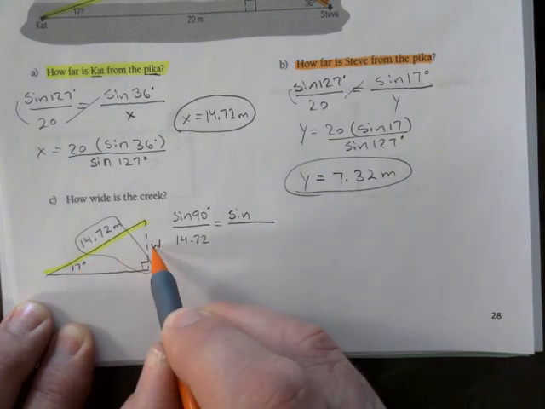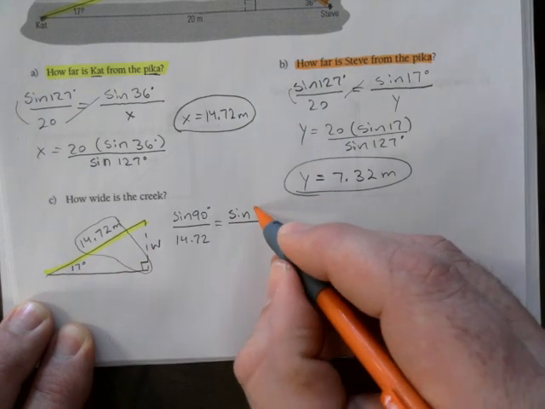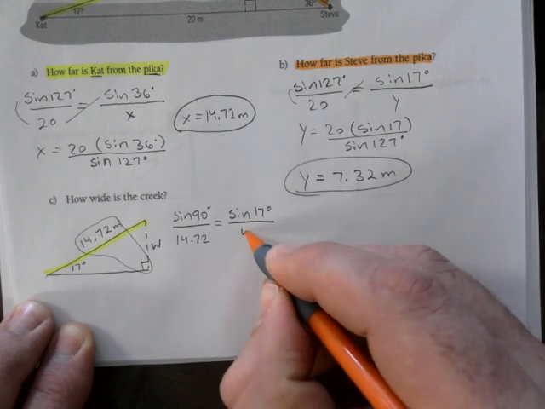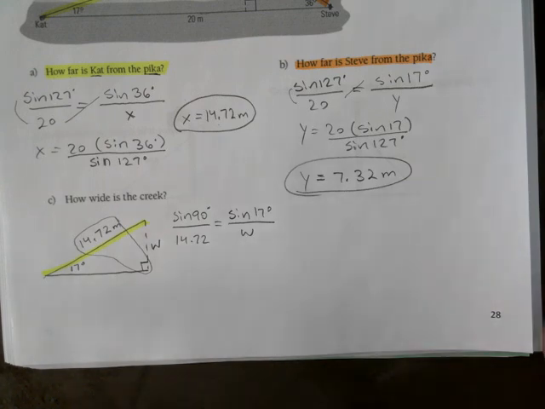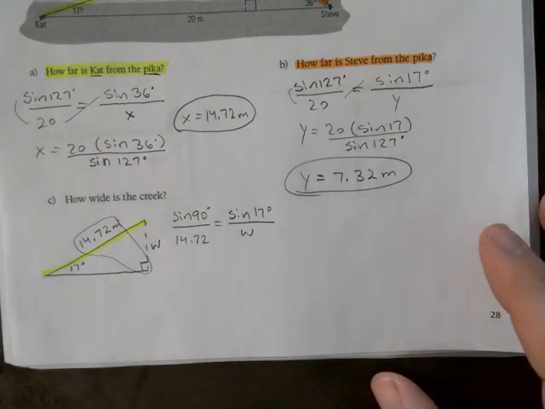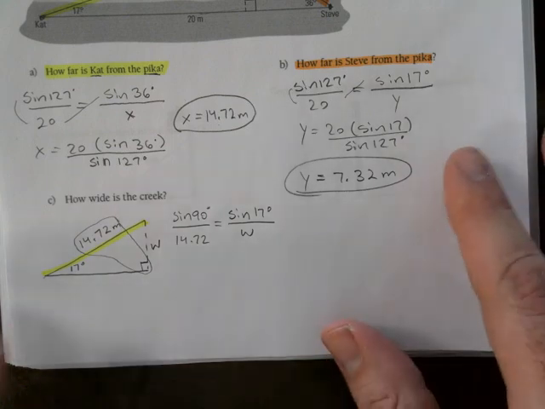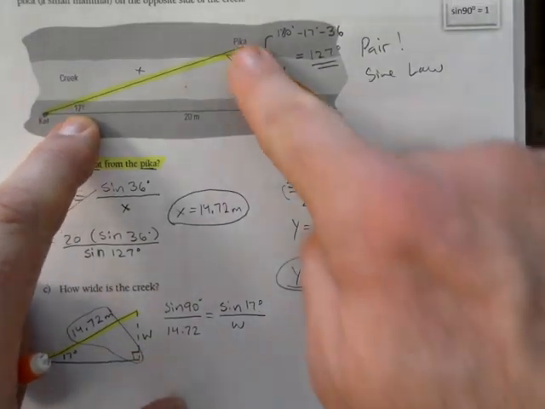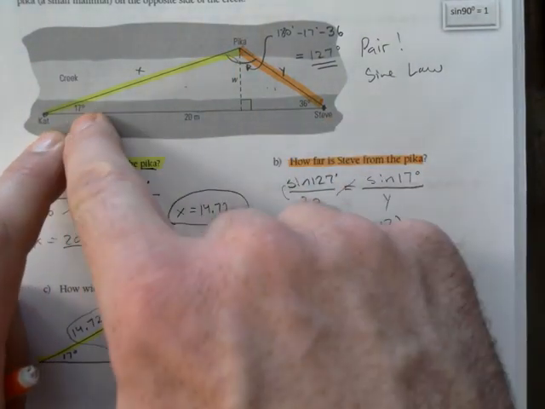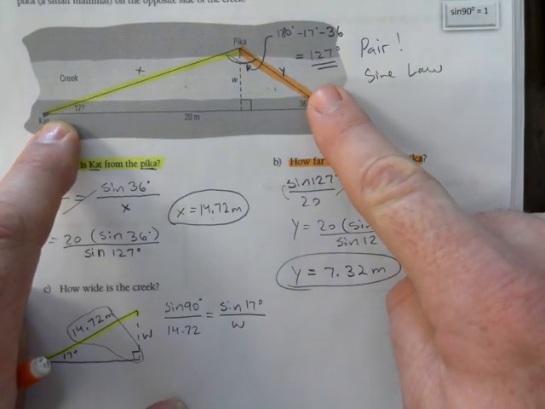Which is across W. I want to stop here before I go ahead. Make sure you copy this down, right? Guys, 17, we used 17 for what before? We used 17 to figure out this side, right? 17 is across this side, yes.